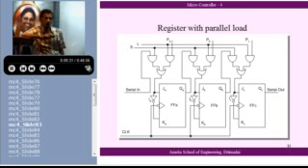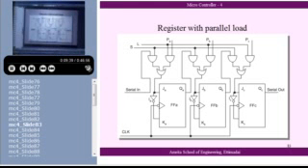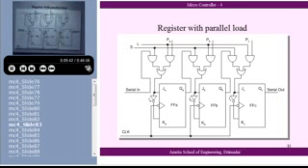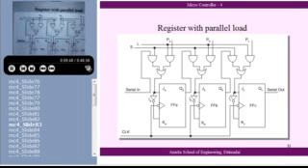I added one more feature here. If I enable S, if I make S high and L low, then this is 0. This fellow is simply disabled.